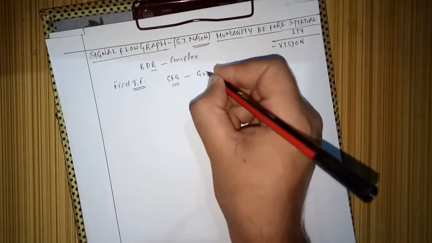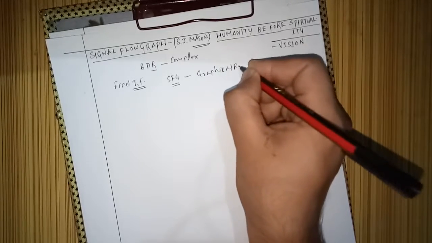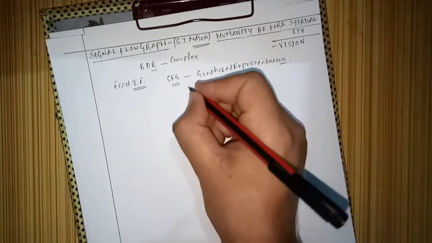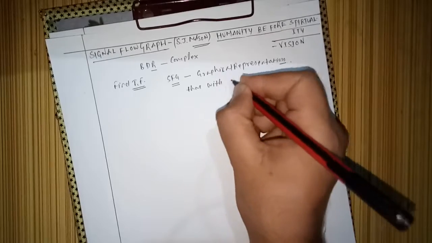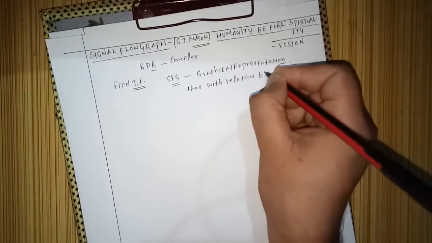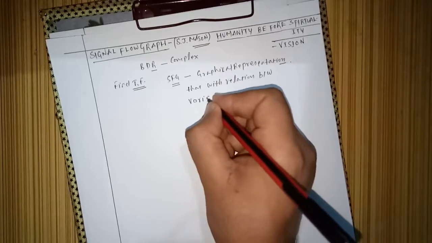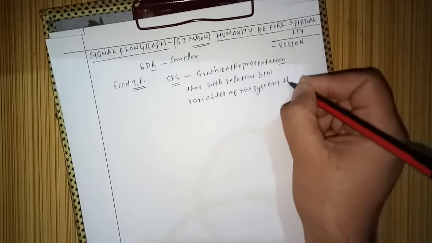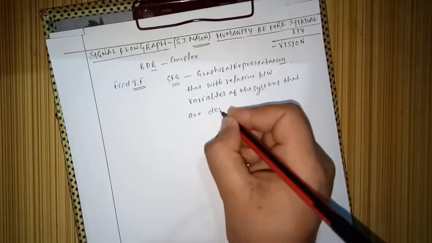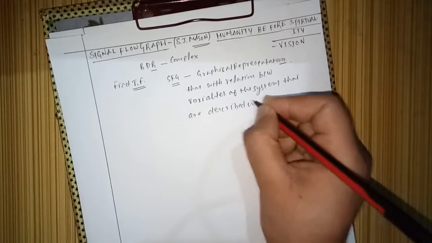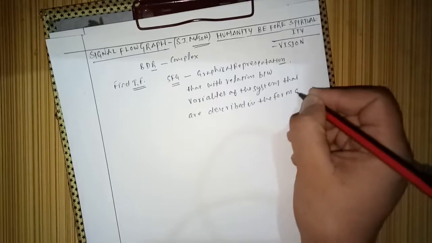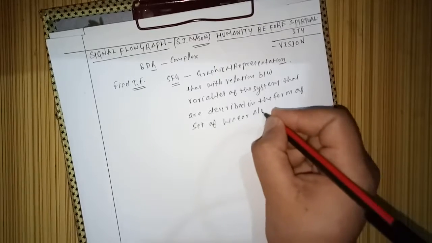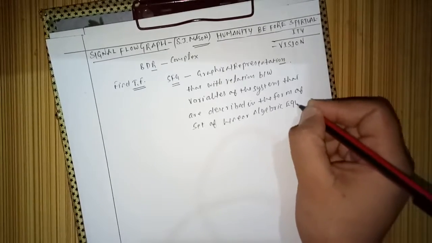It is a graphical representation that deals with the relation between variables of the system that are described in the form of a set of linear algebraic equations.